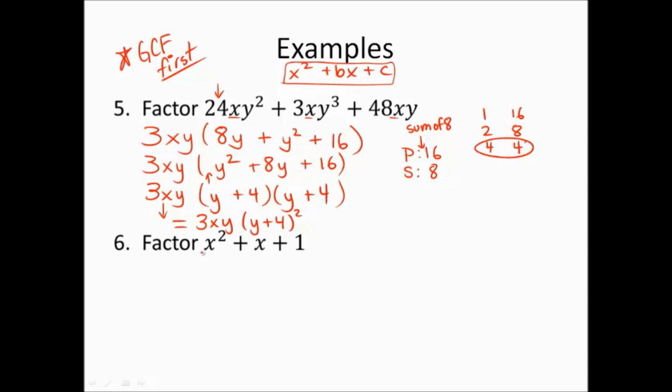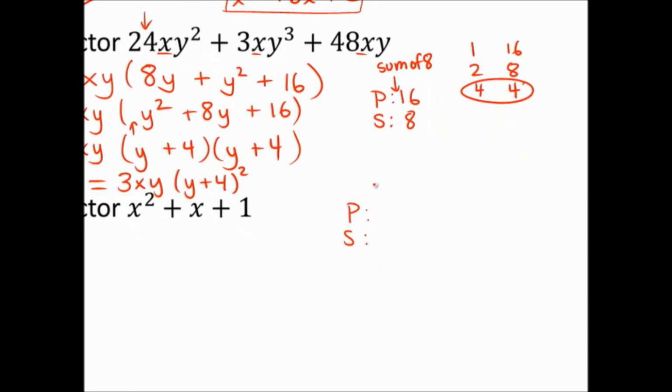Let's continue. Here we have x squared plus x plus 1. So, what's the product and what's the sum? The product is 1 and the sum is 1. So we're looking for something times something to give us 1, and something plus something to give us 1 also. Alright, well, the leading term should be x, because x times x gives us x squared. And now we're looking for the following.